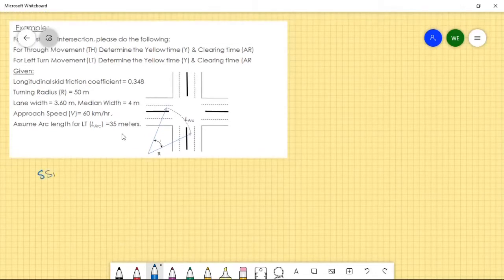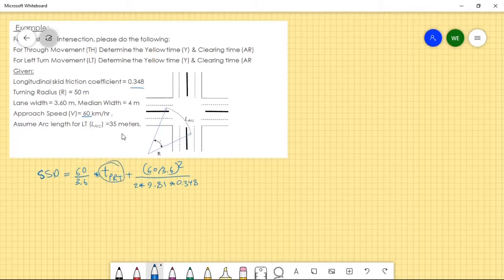The stopping sight distance equals the speed, which is 60 kilometers per hour divided by 3.6 in order to be meters per second, multiplied by t_PRT, plus (60 divided by 3.6) squared divided by 2 multiplied by 9.81 multiplied by 0.348. What is t_PRT here?